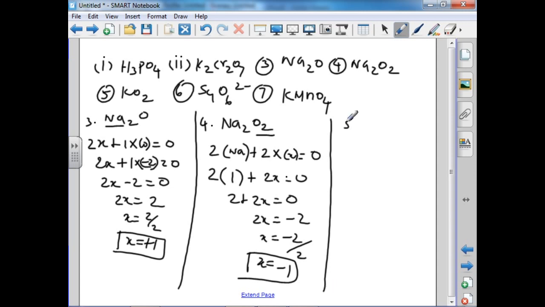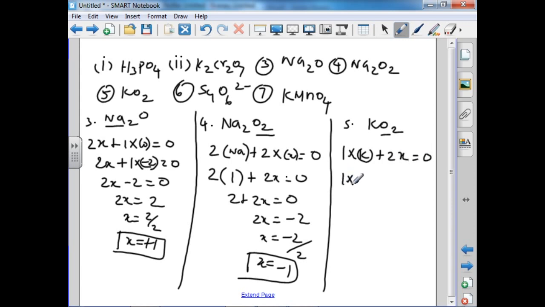Next, fifth one, KO2. Calculate the oxidation number of oxygen in KO2. So K, that is 1 atom of potassium, plus 2 atoms of oxygen. Oxygen has X, that is 2 atoms of oxygen. So 2X, that is a neutral molecule, so equal to 0.